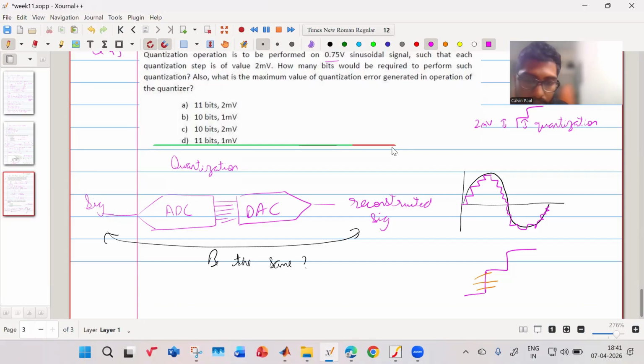Let me draw better. This is one part of a signal, another part, and another part, where the actual value in one case was this much at this time. In the next case, it was in the middle, and in the next case, it was much closer to the top. Which of these options has more error, the blue one, the green one, or the orange one?